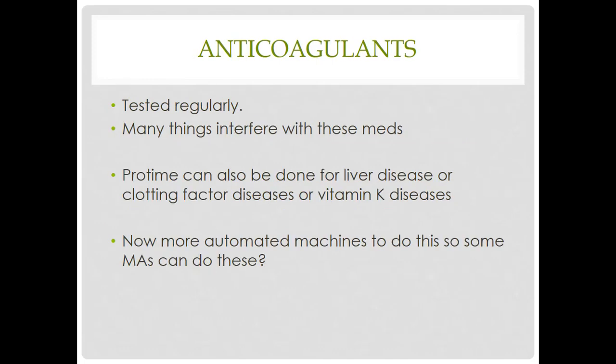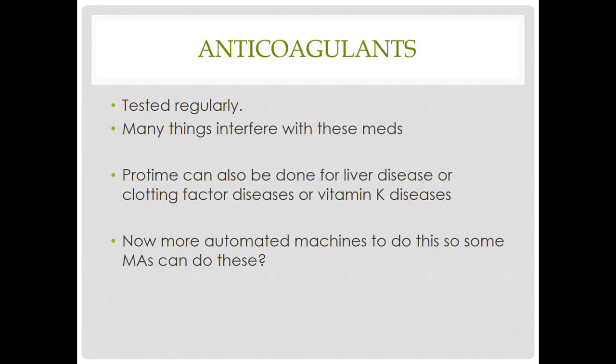People on anticoagulants are tested regularly for their pro time or their INR. Many things interfere with these types of medications. But pro time can also be done for liver disease, because the liver produces clotting factors, or for vitamin K deficiencies, because all of those things play a part in the clotting process, and if they're lacking, that could be why you're not clotting as fast.